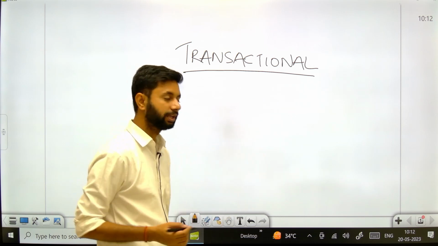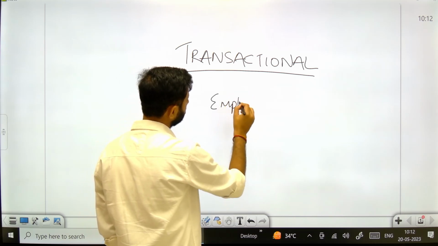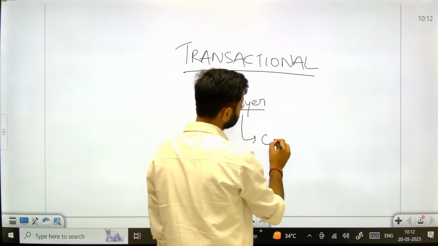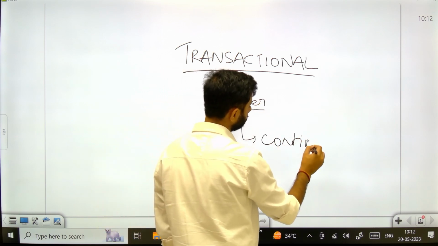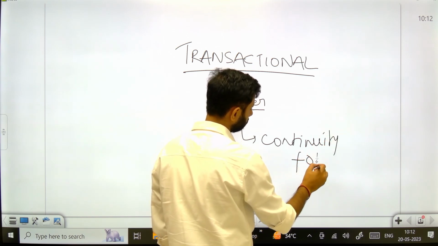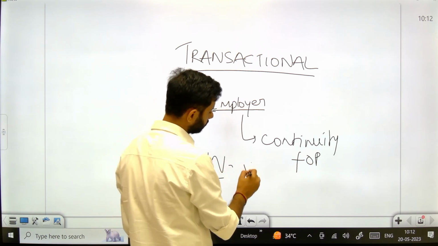In an industrial setting, the employer wants continuity in the flow of production, and workers want wages.